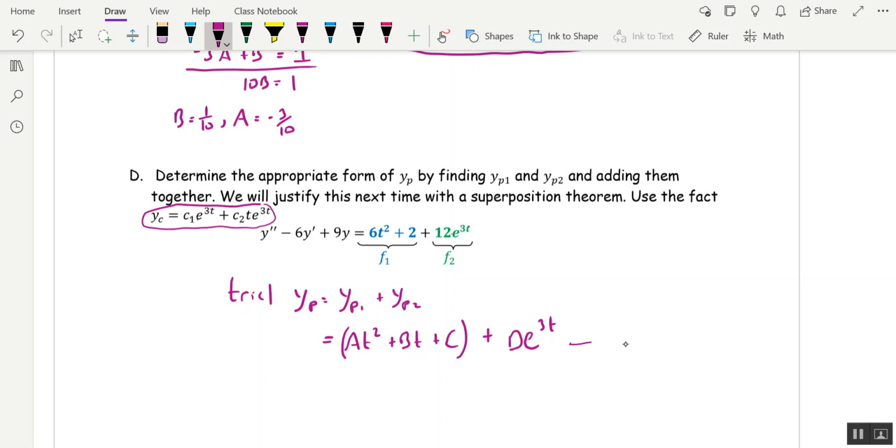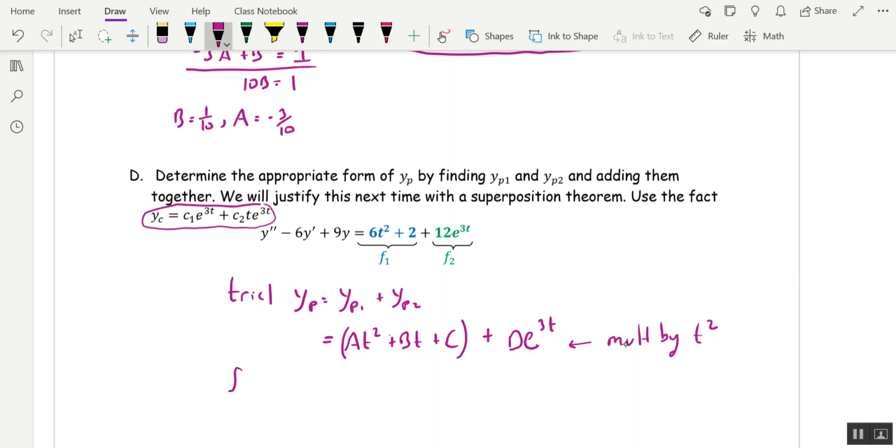So I have to multiply this guy by t squared. Now, the important thing here is when you have the form yp1 and yp2, you're only going to multiply the offending yp by powers of t. In this case, yp1 was not offending, so don't tamper with this. Don't multiply it by t squared. Just leave it alone. So this one's good. This one we need to fix.